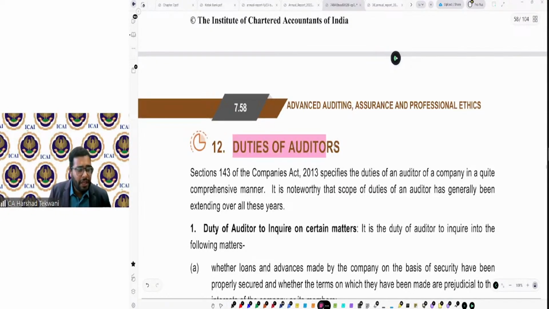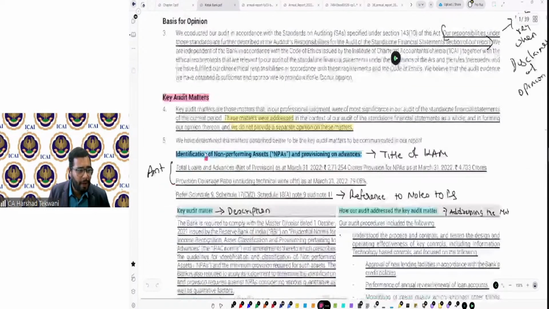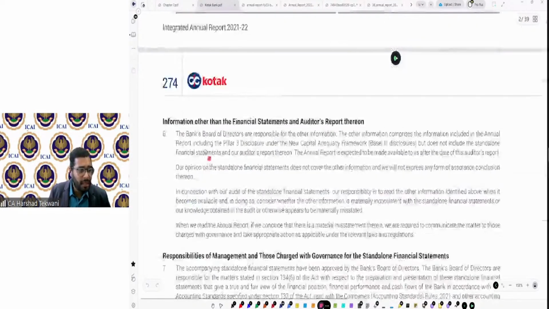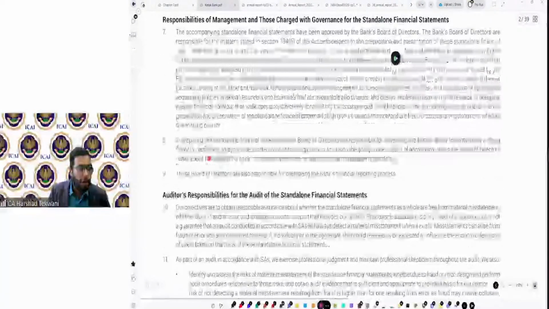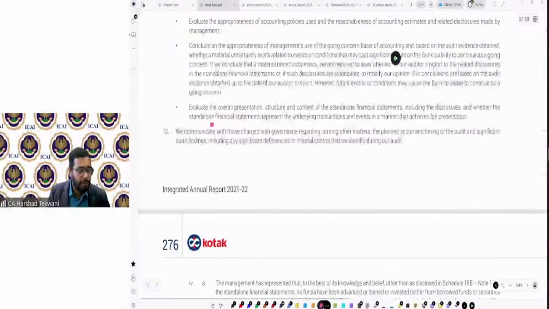Now, we have seen in our audit report that we have a paragraph, remember I discussed this particular paragraph, the last one, that is legal and regulatory responsibilities of the auditor. Let me show you that one.